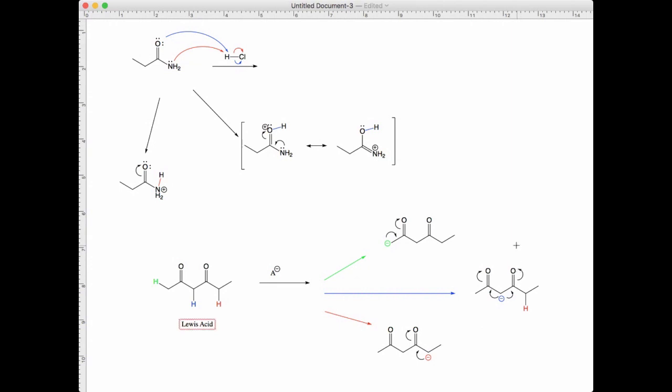Remember, delocalization brings stability. So from the three potential conjugate bases, clearly the deprotonation of the center carbon leads to the most stable conjugate base because of resonance.